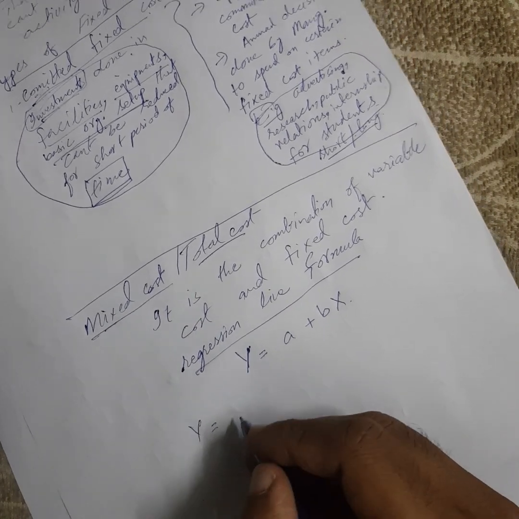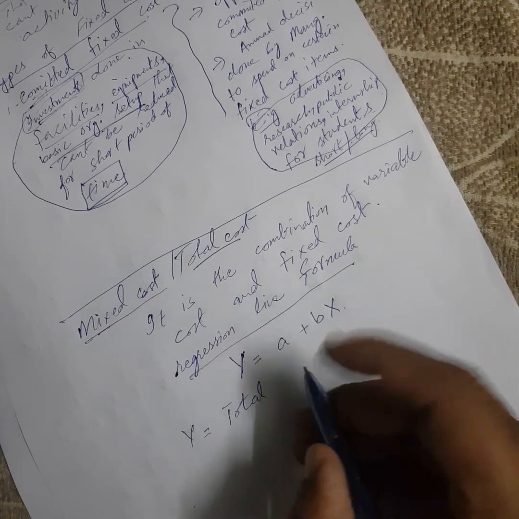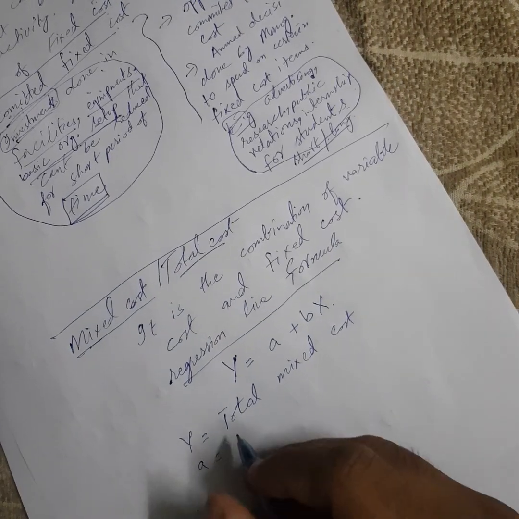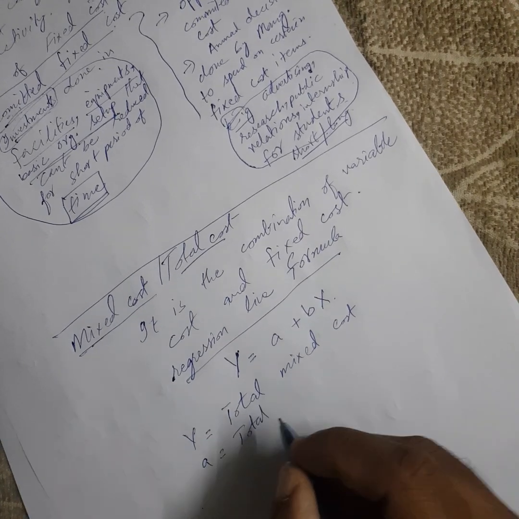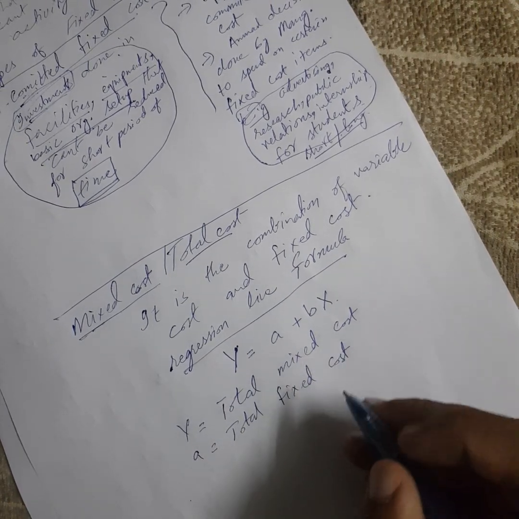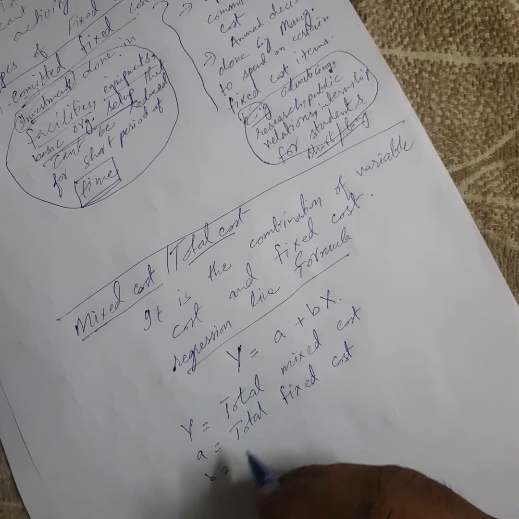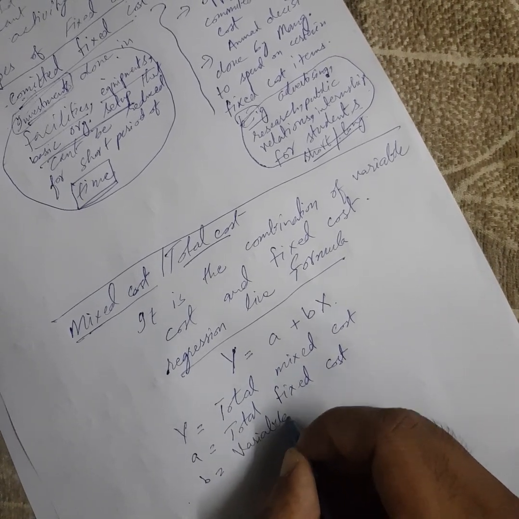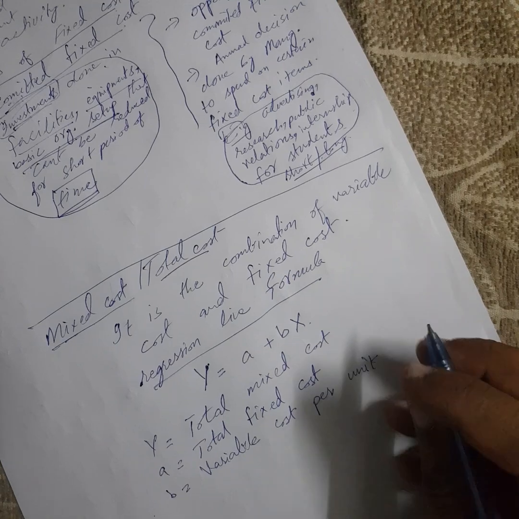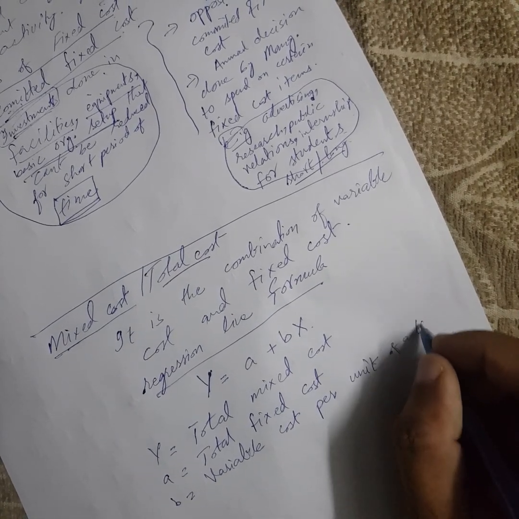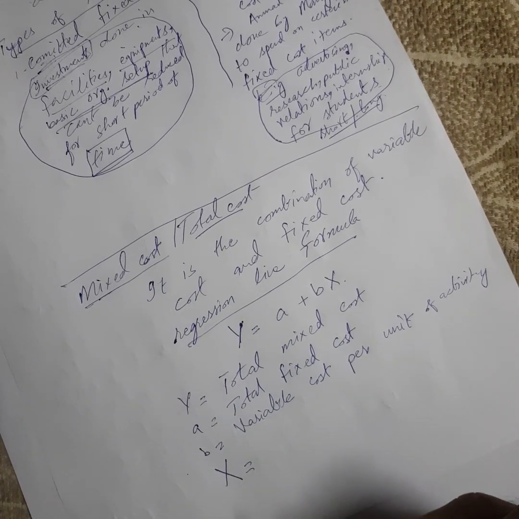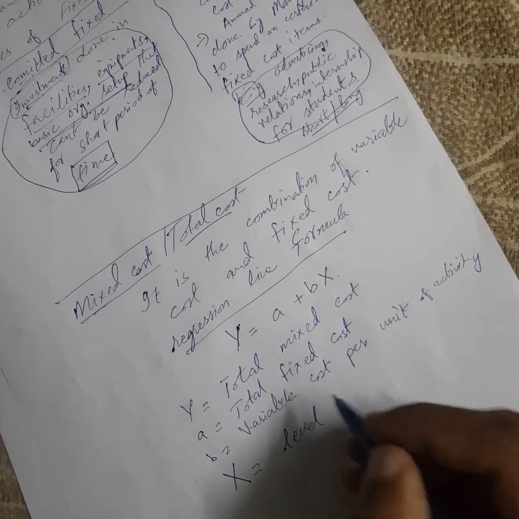Y is equal to total mixed cost, a is equal to total fixed cost, b is equal to variable cost per unit of activity, and x is equal to level of activity.